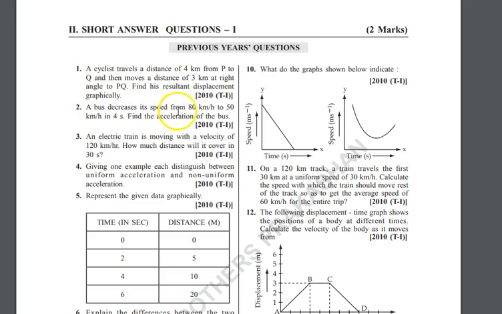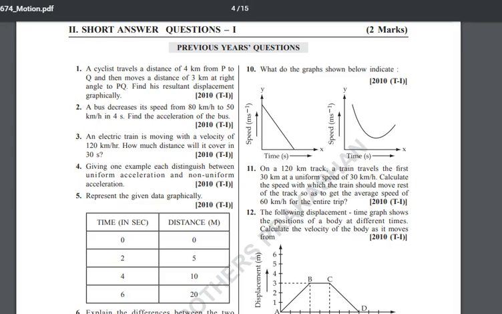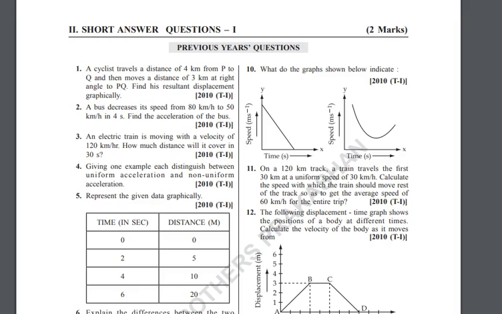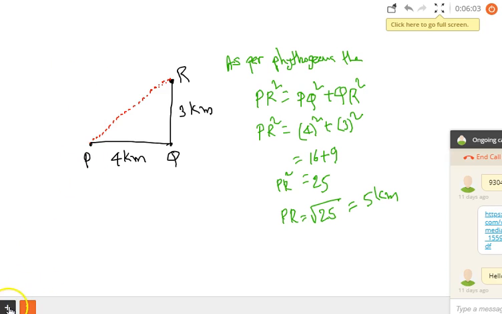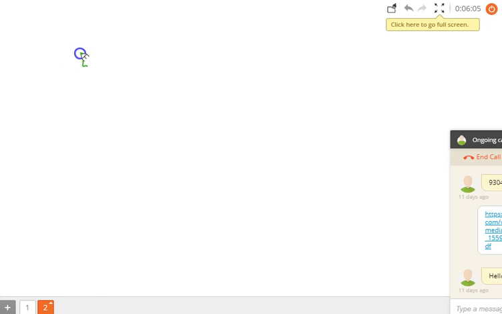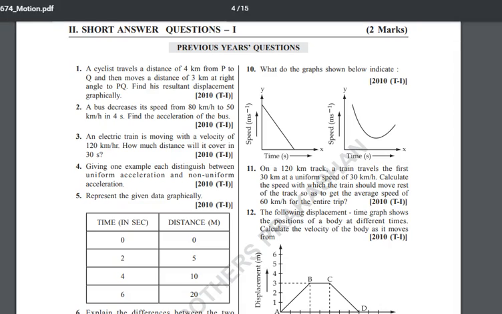A bus decreases its speed from 80 km per hour to 50 km per hour in 4 seconds. Find the acceleration of the bus. The bus decreases its speed from 80 km per hour, which means initial velocity or initial speed u is equal to 80 km per hour.